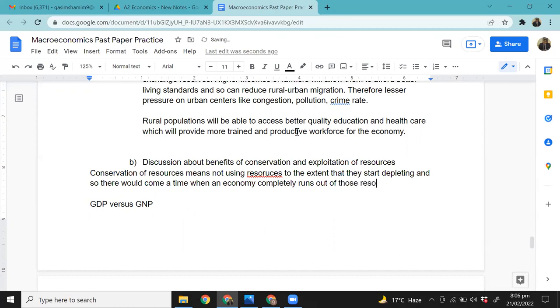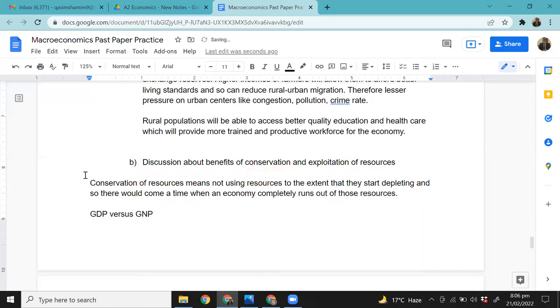Students, are you following me, right? So conservation means that you use resources at a rate that doesn't deplete them. For instance, if you're cutting wood, obviously you need wood for different things, then you are also planting enough trees that the balance is maintained, right?